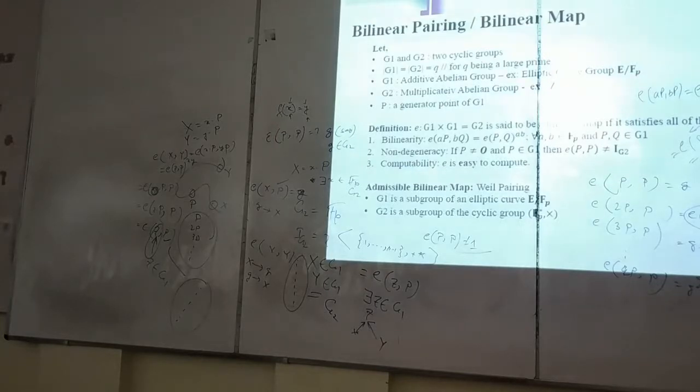Now, if discrete log is easy, then you can calculate x from this. You know g, because the function is given, P is the generator known to also, E(P, P) can be calculated by anybody. So g power x is known, so you can calculate x if discrete log is easy. Now, if small x is given, then you can calculate xP also, because point multiplication is easy. So you are getting capital X. So that means given H, you can get capital X easily if discrete log is easy.